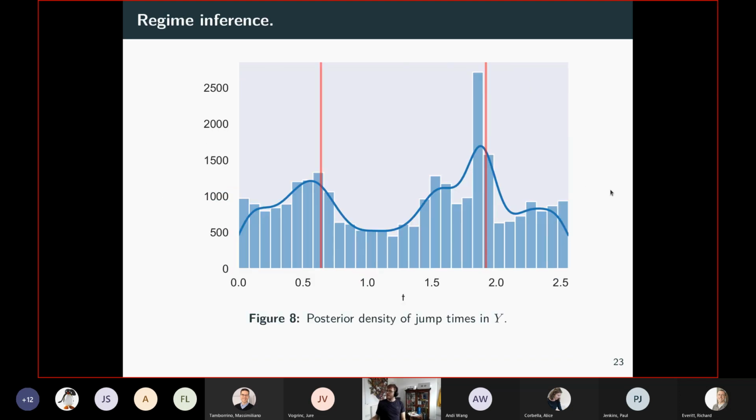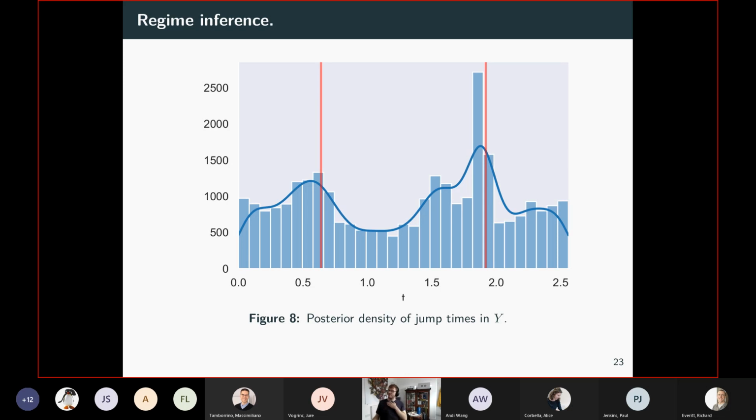And we recovered those. Well, we have a peak in the density close to those times, but there is also quite a lot of posterior mass for jump times in between. So this is actually a posterior where the jump times are not very well identified.